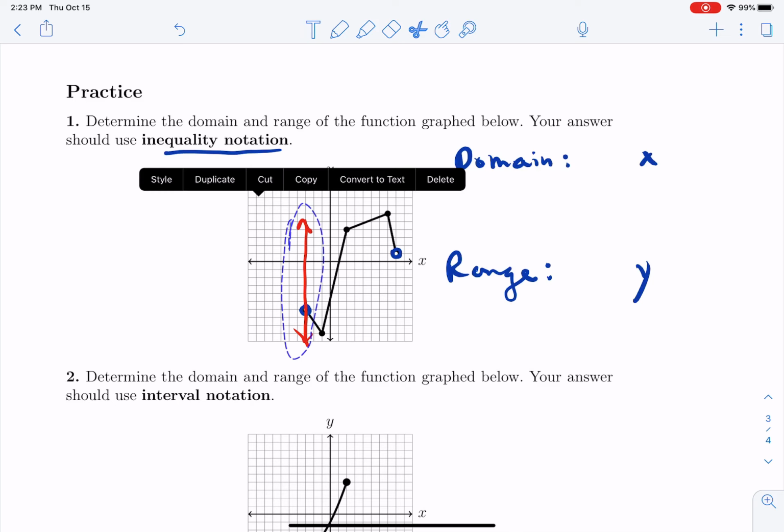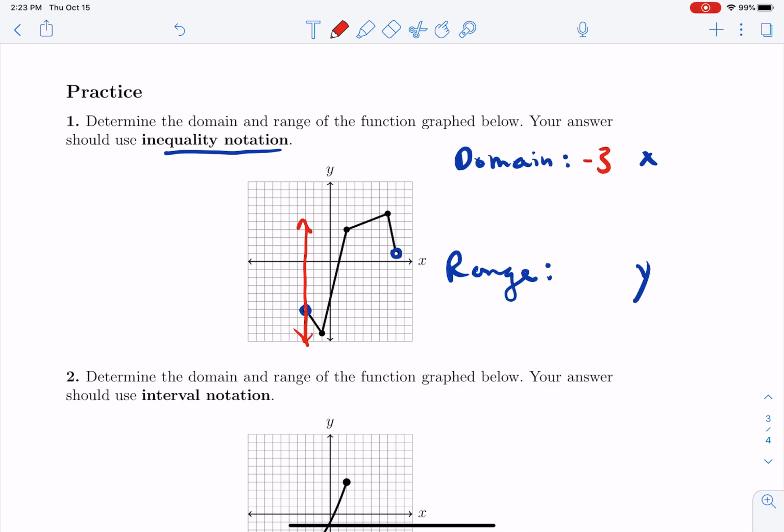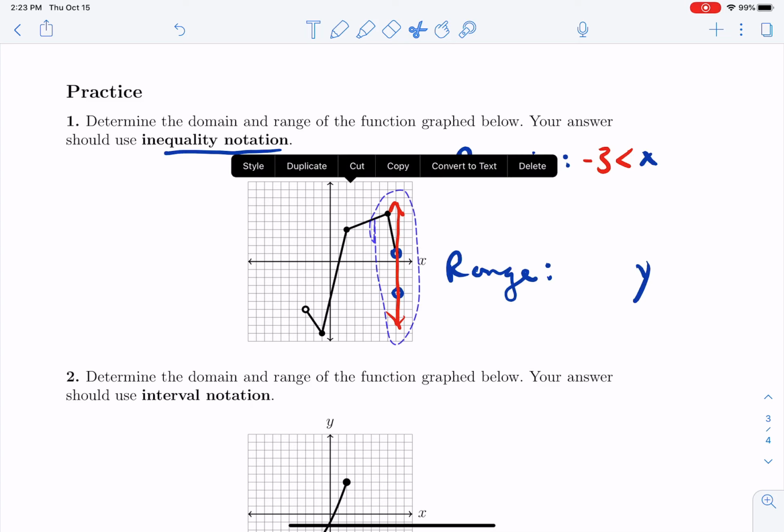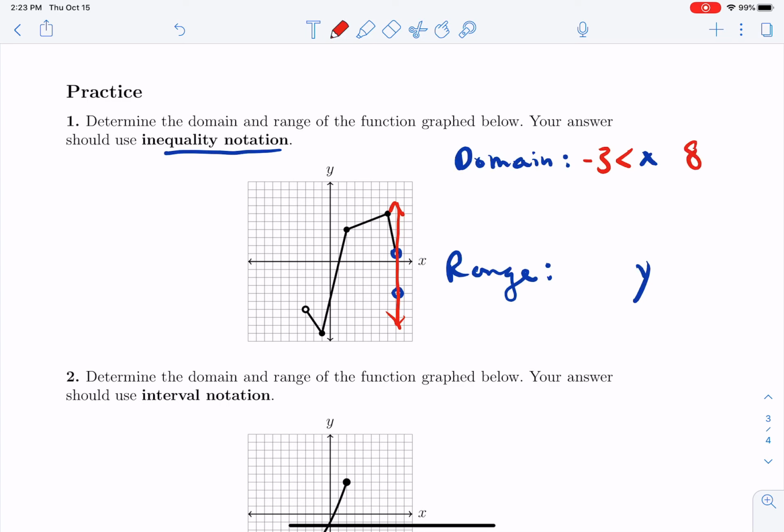And I can see that the leftmost bound is at -3. And that -3 is not included because it's an empty circle. The rightmost part of the function occurs here. So that is at 8. And again, it's not included.